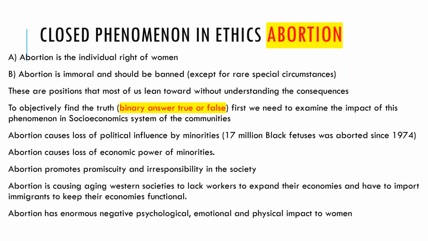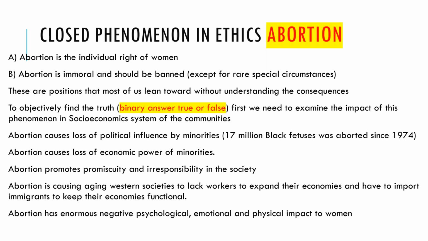Now let's look at closed phenomena in ethics. I picked a controversial subject that is very interesting, where most of us think there are only two positions. One is abortion is the individual right of women, and the other says abortion is immoral and should be banned.